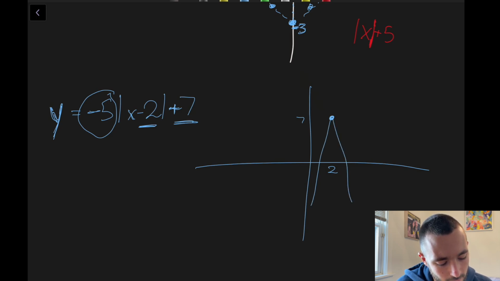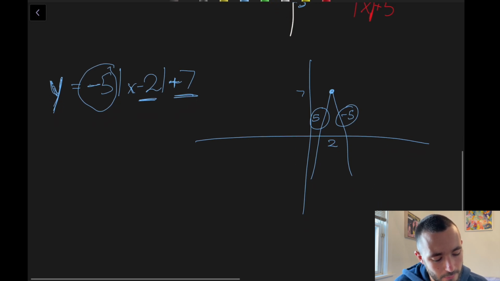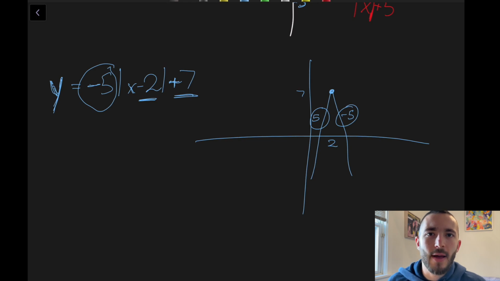And our slope is going to be 5 and -5. Those are our slopes. So obviously this isn't like a super accurate graph, but that's the general idea of how you graph absolute value functions, how these different numbers will impact the graph, how they transform things.